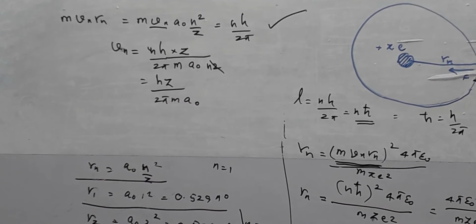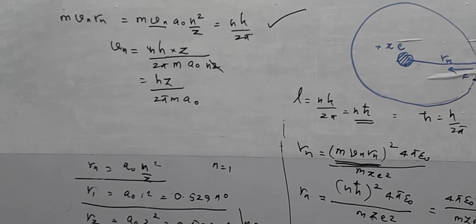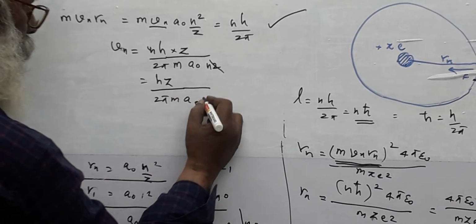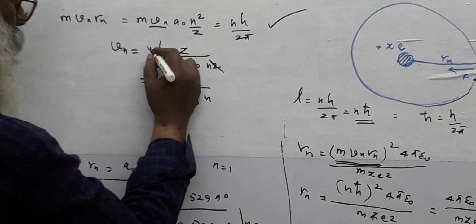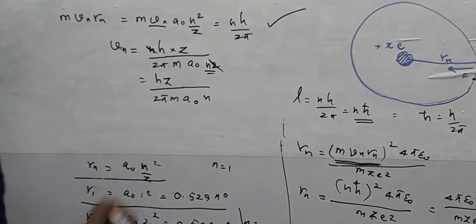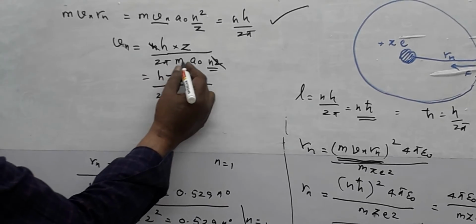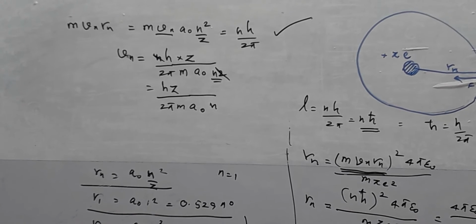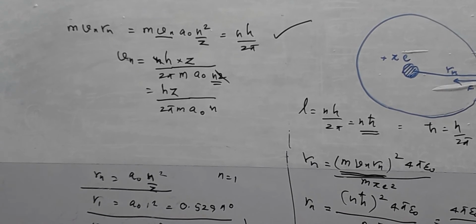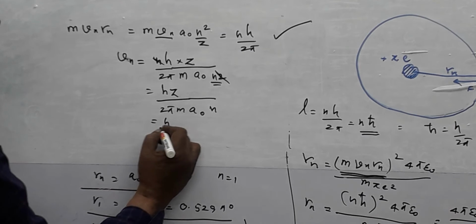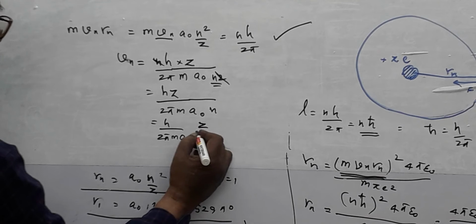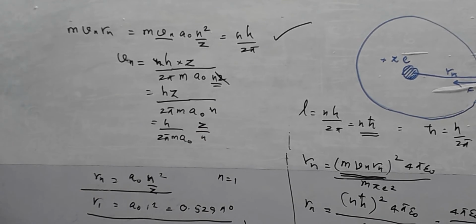Here in this equation, Z by n. N square is cancelled, remaining n is here. So h over 2 pi m a naught, multiplied by Z by n.